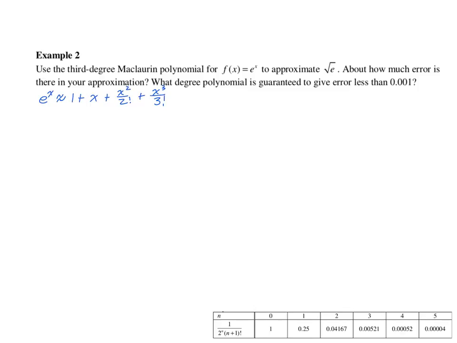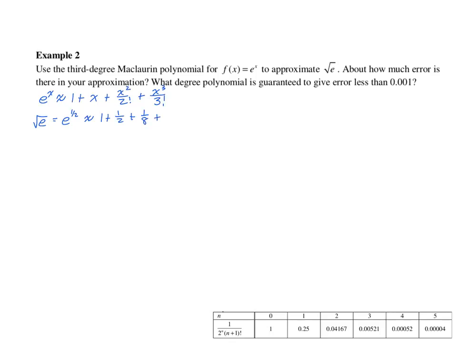And so what we're trying to find is, what is the square root of e? Well, that is the same thing as saying e raised to the 1/2 power, which means our x value is 1/2, so we can substitute that in. So we have 1 plus 1/2. 1/2 squared over 2 factorial comes out to 1/8.